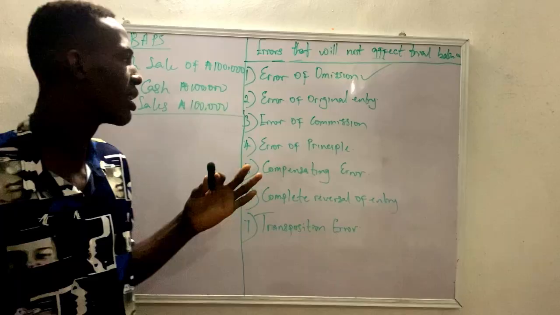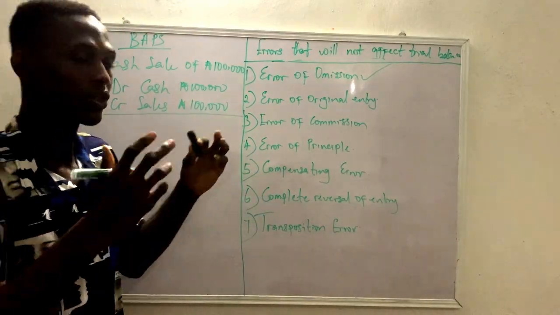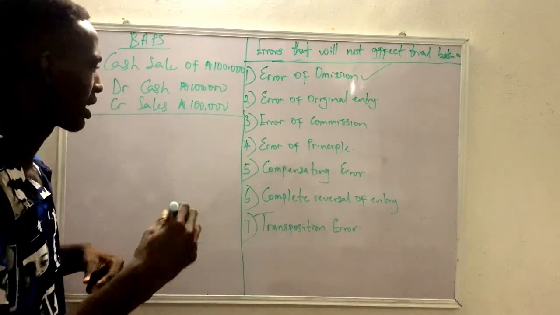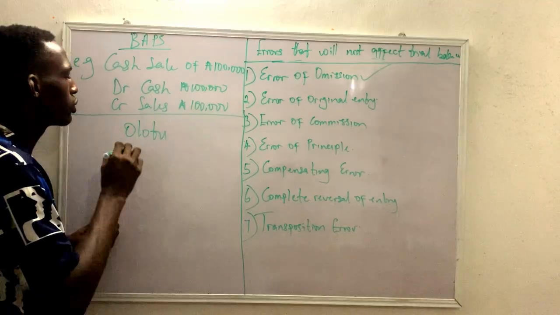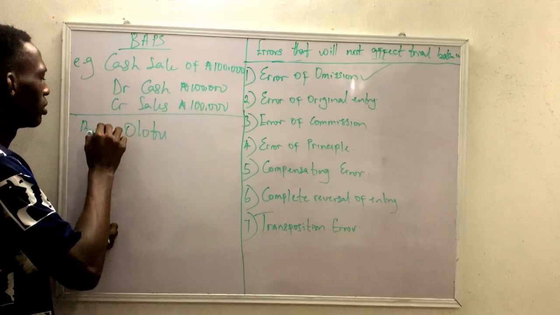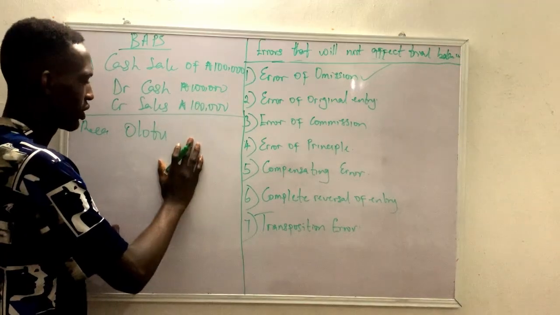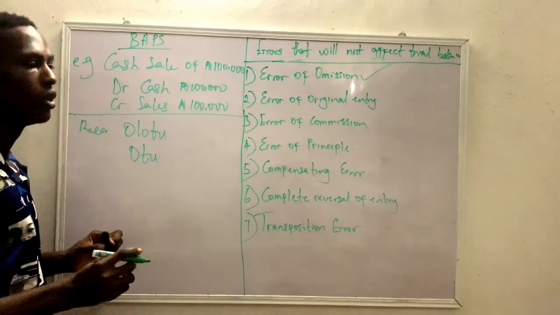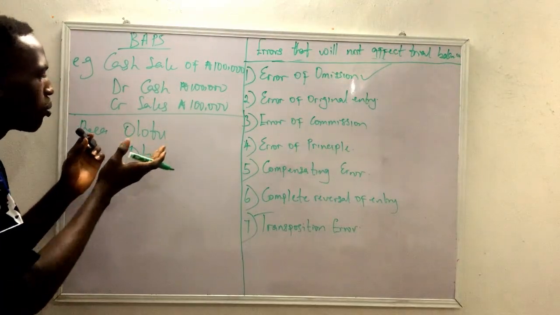That is when you mistakenly record a transaction. Let's use a personal ledger for an example. You want to record a transaction that belongs to Olotu. Let's say Olotu is our receivable. You are meant to record a transaction in Olotu and you mistakenly recorded it in what? O2. Because the name looks alike, they are both what?